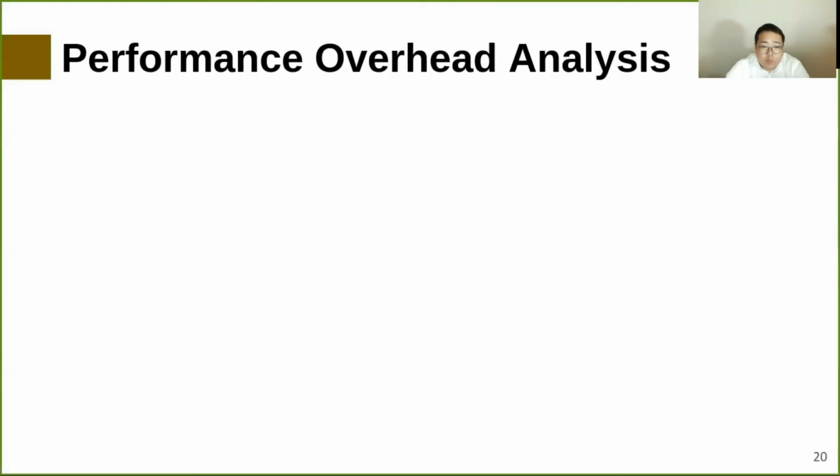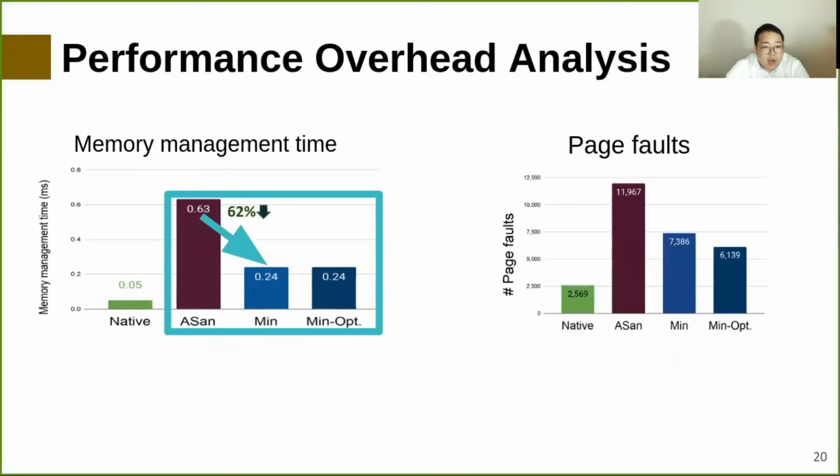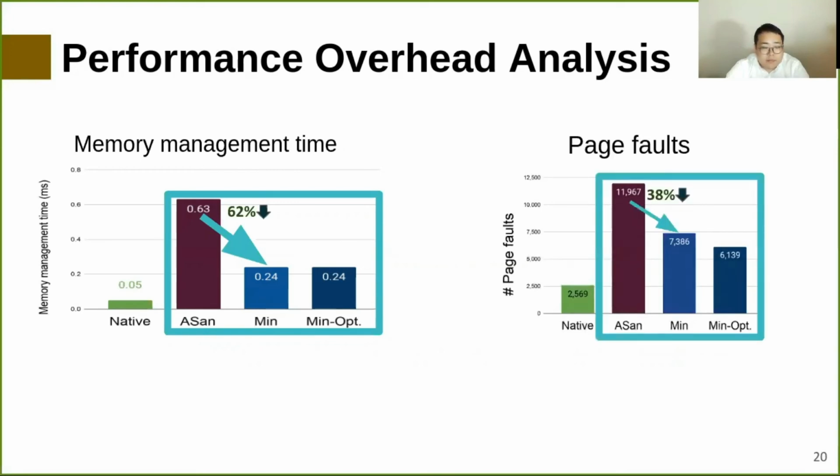We can see 2 points here. First, like the min shadow mode, the smaller memory space of our metadata structure reduced memory management overhead by around 60%. And since the page table management was more lightweight, it incurred fewer page table faults, around 40%.